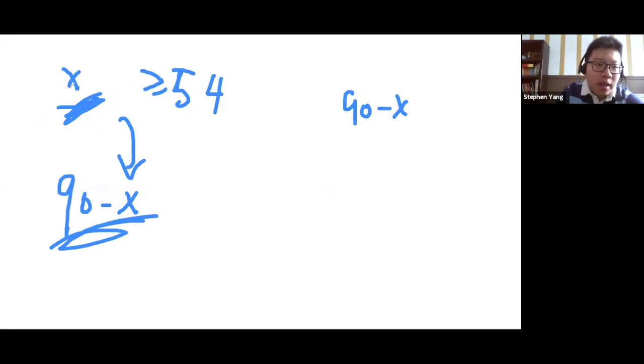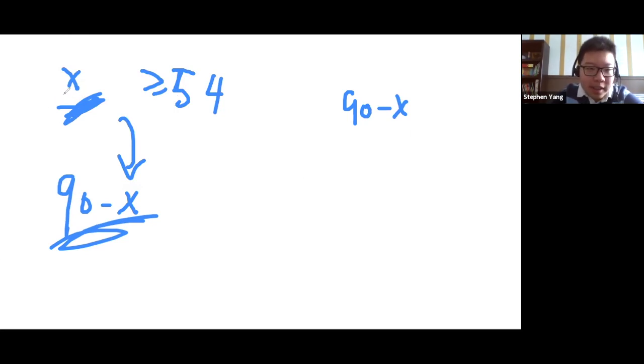And then when the people are playing within this X people, since we want all of them to be greater than or equal to 54, we want them to tie.